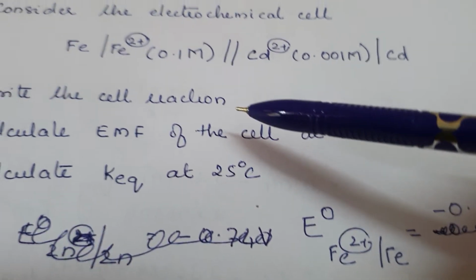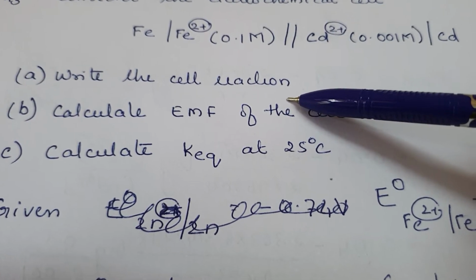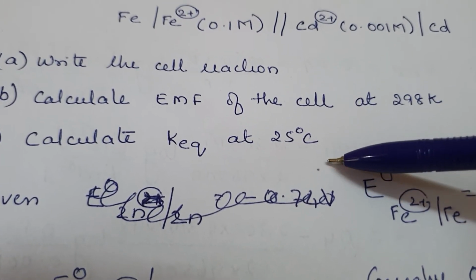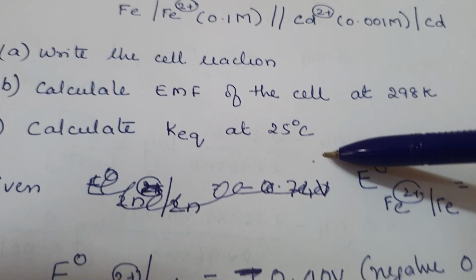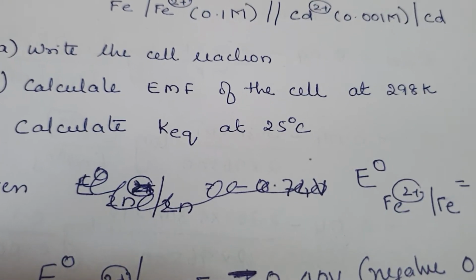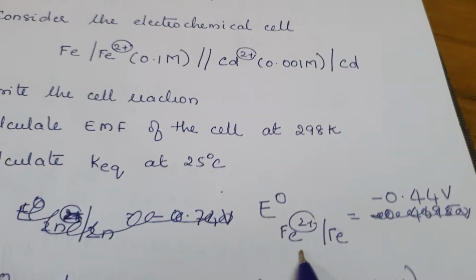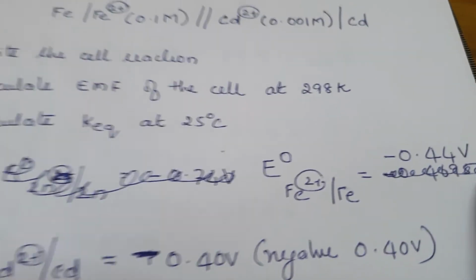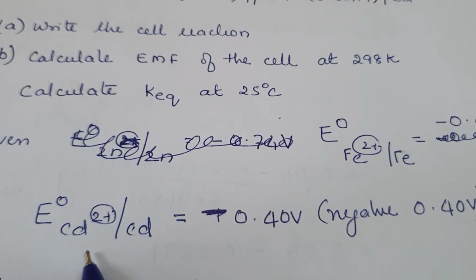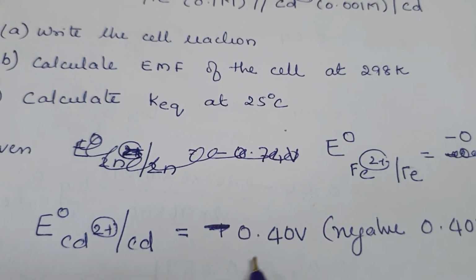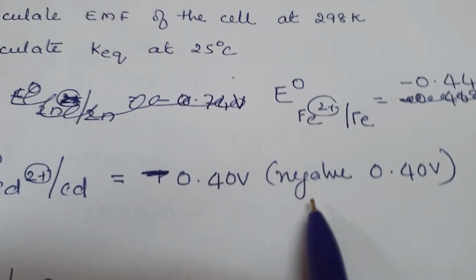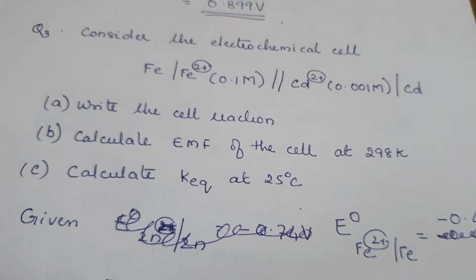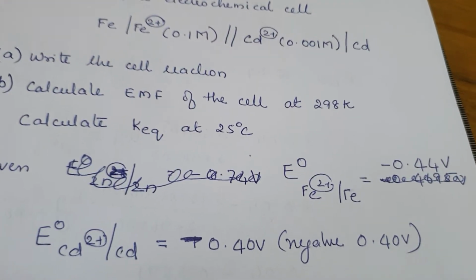Okay, what are the questions asked: write the cell reaction, calculate EMF of cell at 298 Kelvin, calculate equilibrium constant at 25 degree. Then given E naught Fe2 positive to Fe is negative 0.44 volt, and electrode potential of cadmium is negative 0.40 volt.